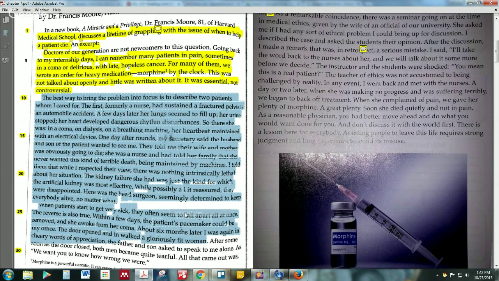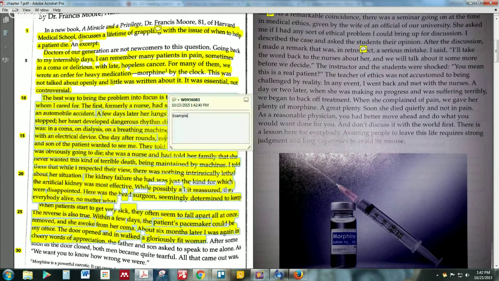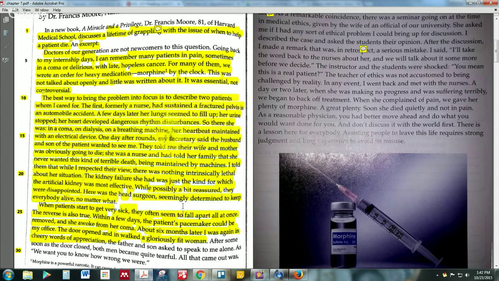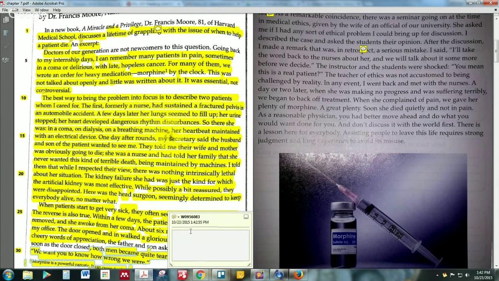So I'm going to call all of this example number 1. And this here at the end is indirect analysis, or end of example number 1.